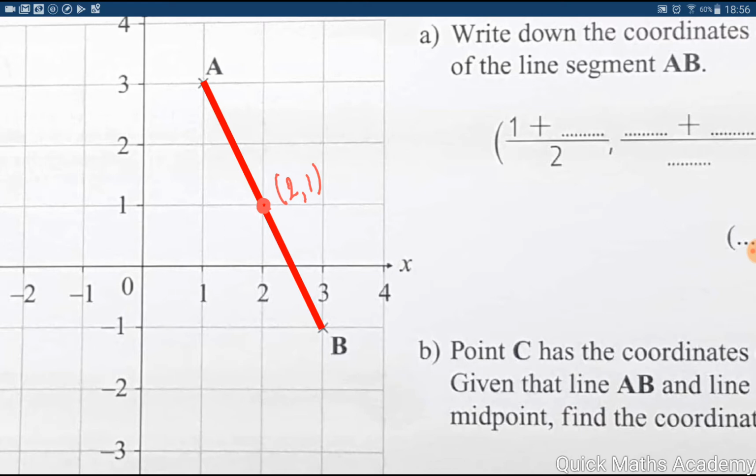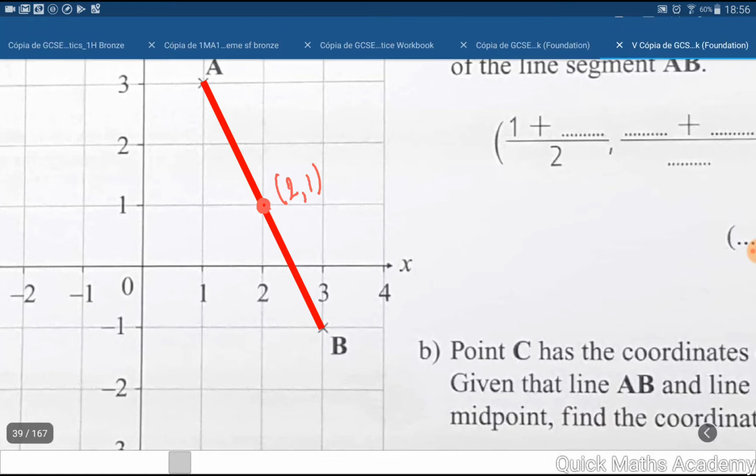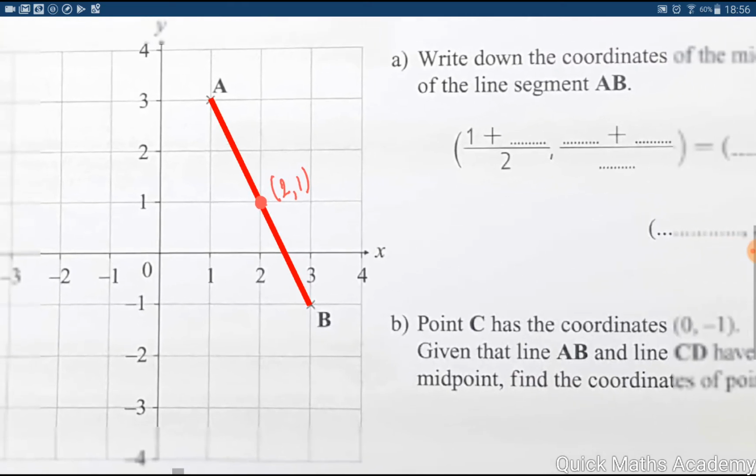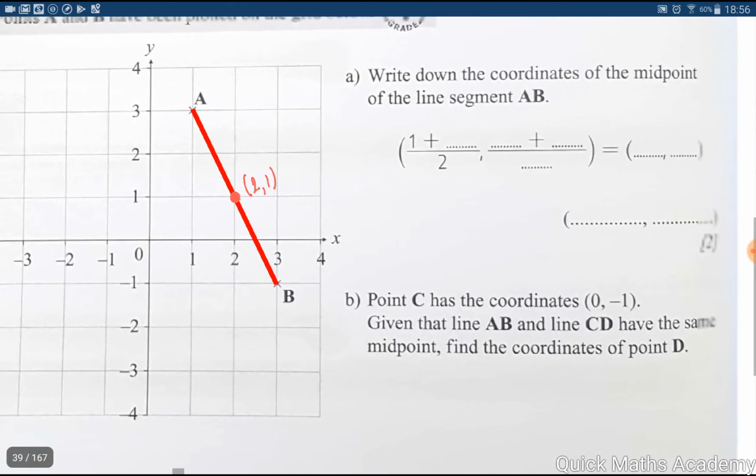It's very simple. I have 2 squares to one side, and another 2 to the other side, and that makes this the middle. The midpoint is just that, the middle of the line segment.